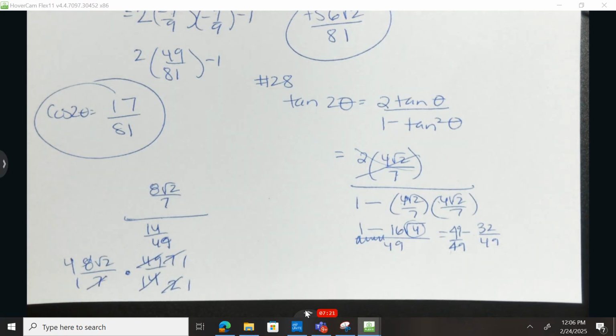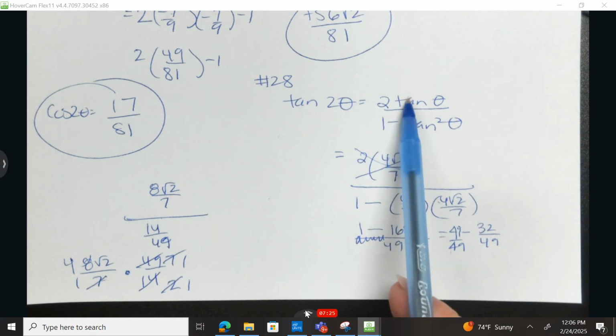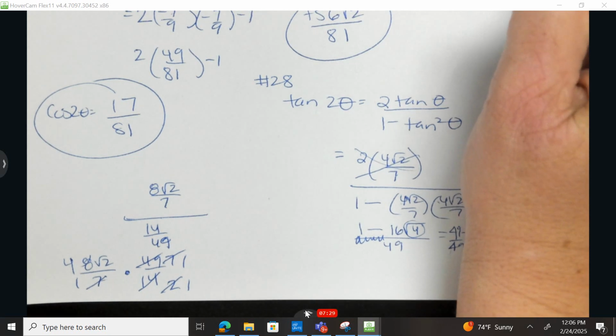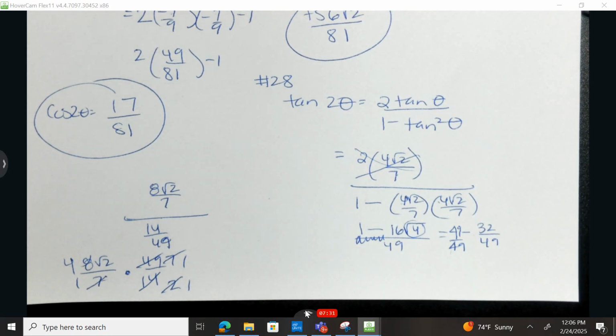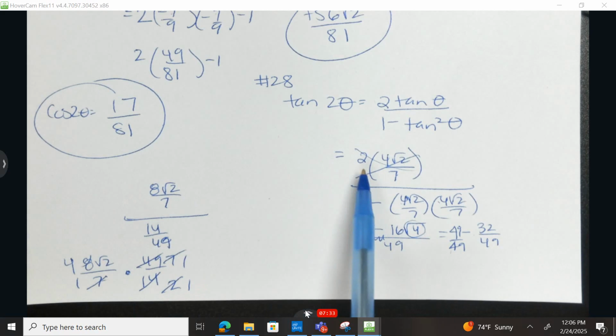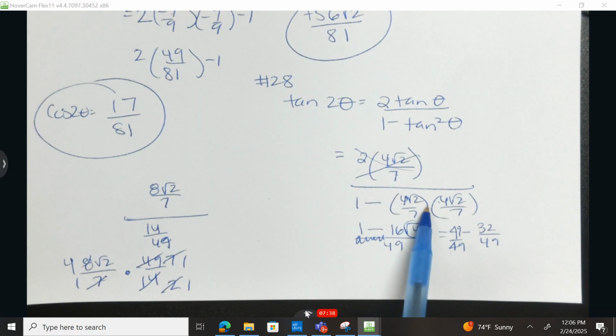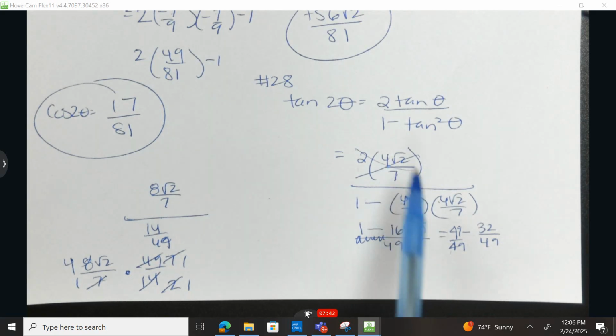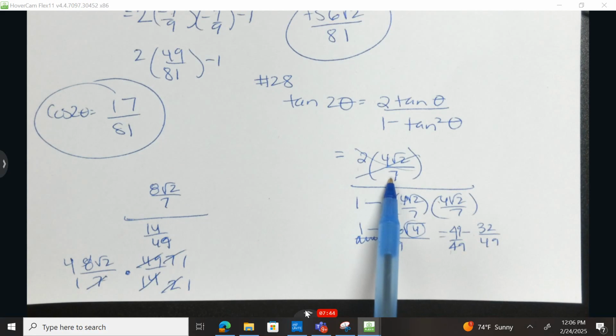Did I do something wrong? Tangent is opposite over adjacent.